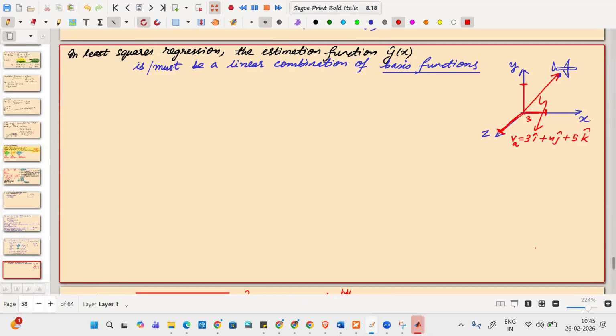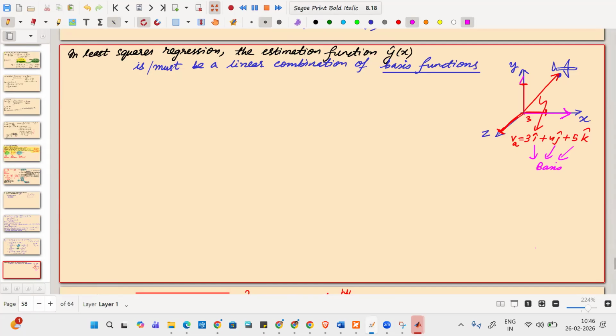Right? What does that mean? It means that you have written the vector VA in terms of the basis i cap, j cap, k cap. You got that idea? So your basis elements here are these. These are known as the basis. So i cap, where is i cap? i cap is on the x-axis. So your x-axis direction is one basis.